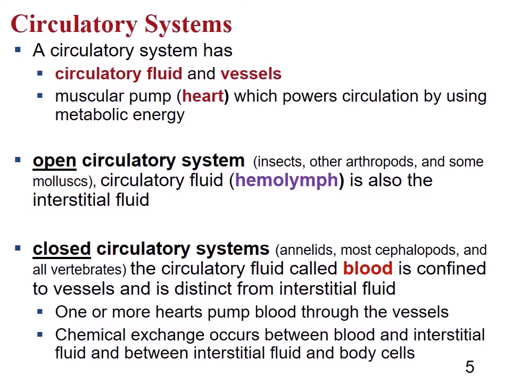And we have blood because it's confined to our vessels, and our blood is different from our interstitial fluid. So our blood and the fluid between our cells is different. We have one heart. Some organisms have multiple hearts to pump blood through the vessels, and then chemical exchange is going to occur between the blood and the interstitial fluid, and between the interstitial fluid and the body cells.